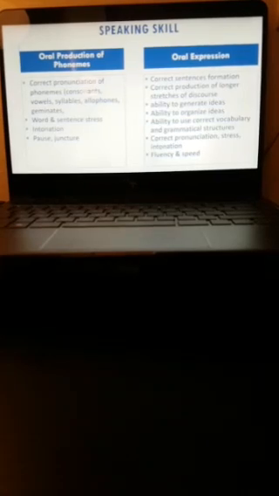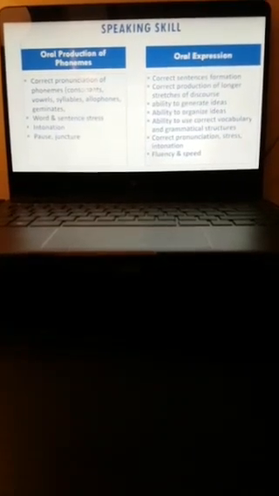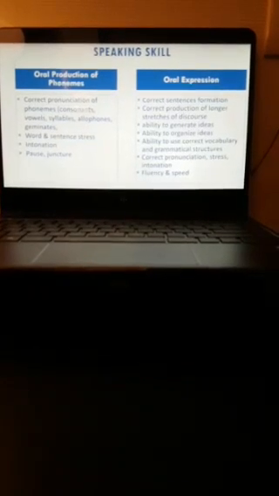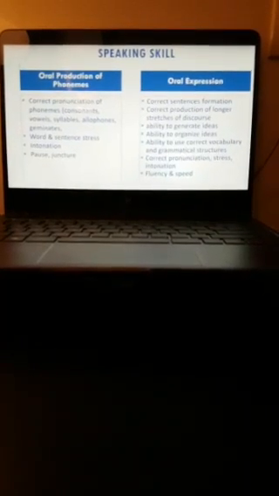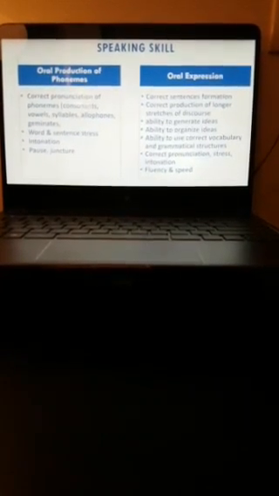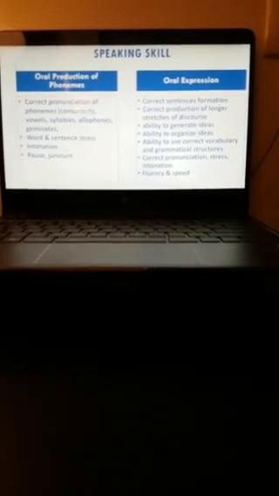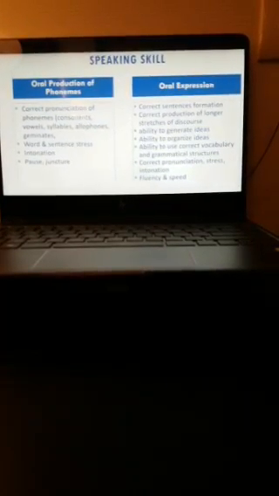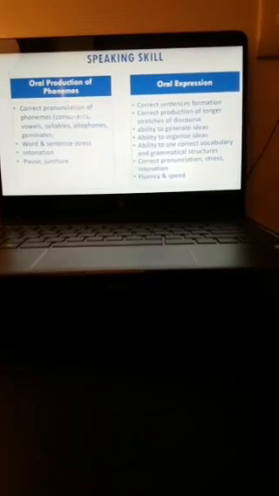And the other thing, we don't just give ideas in a random order. We have to organize ideas depending on the types of ideas. If we have enumeration, we have cause-effect, we have compare-contrast, we have chronological order, and so on.